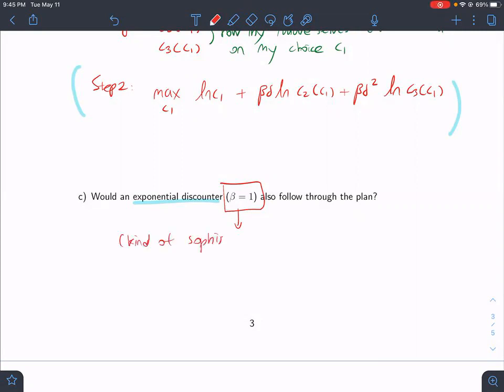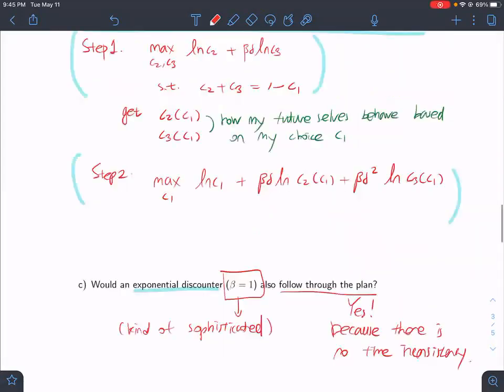We don't really say that this guy is sophisticated, but he's sophisticated in the sense that his plan is equal to his actual choice. So he follows through the plan because there is no time inconsistency.